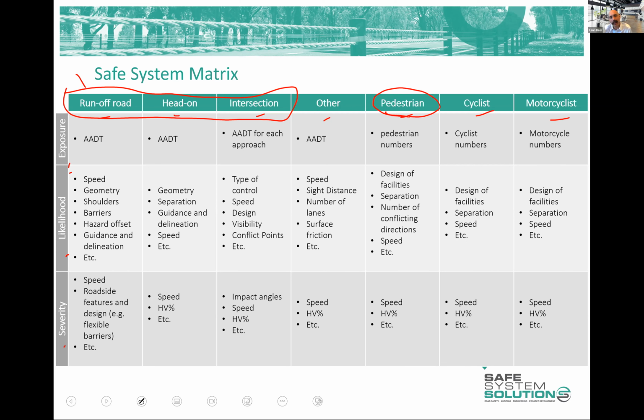Even though it happened in the space of an intersection, we're thinking about that risk as a pedestrian crash risk. Cyclists turning in an intersection or the like, we think of as cyclist risk, and the same with motorcyclists. Anybody who does any crash reporting or has done black spot projects, crash reduction studies, or the like will be okay with this, because it's similar to how we do the coding of crashes.